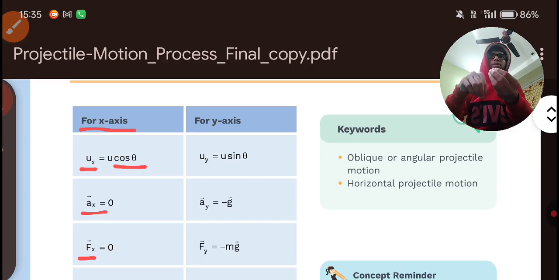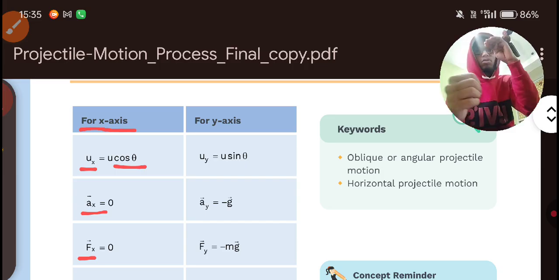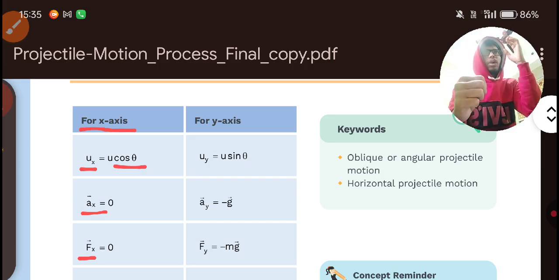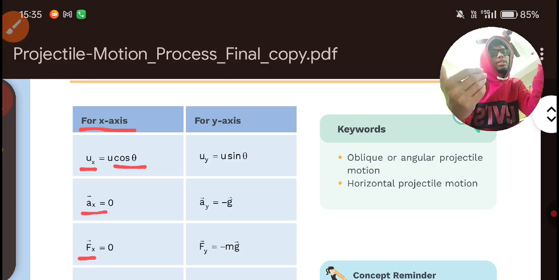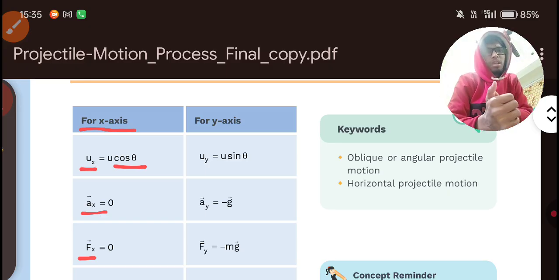Since the object goes upwards, the acceleration is downwards, so we take it as negative. Minus 10 is constant for projectile motion, so the vertical acceleration is constant.